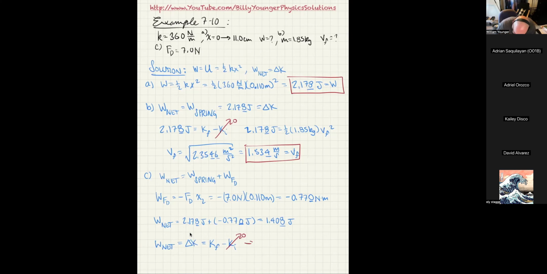So now we can say that K final is equal to W net. And that means 1/2 m v final squared is equal to 1.408 joules.